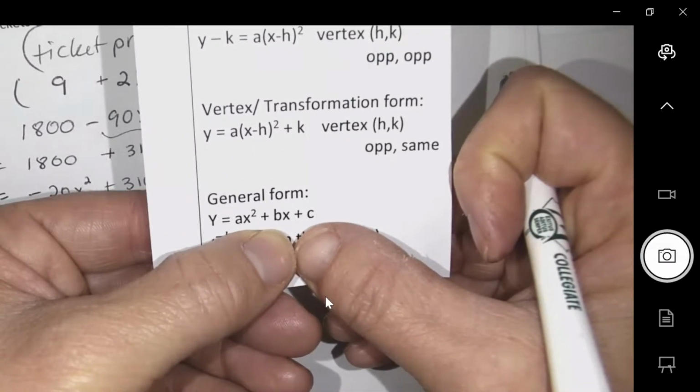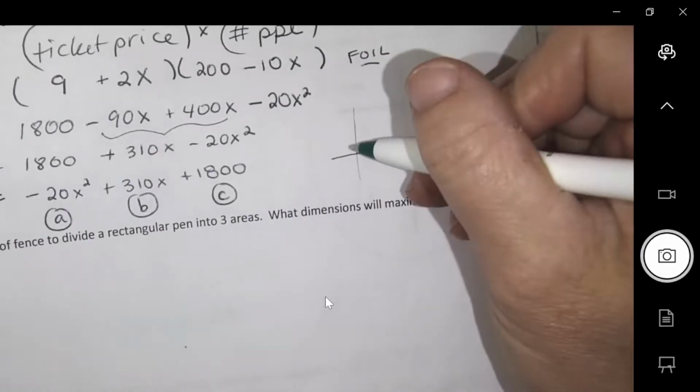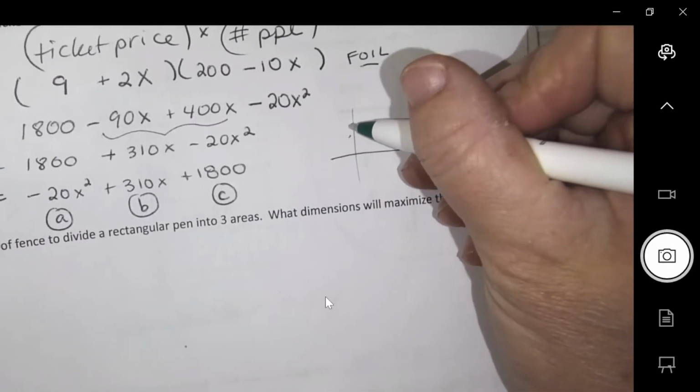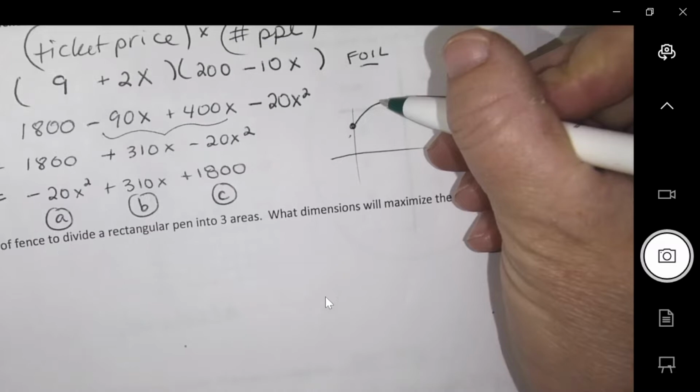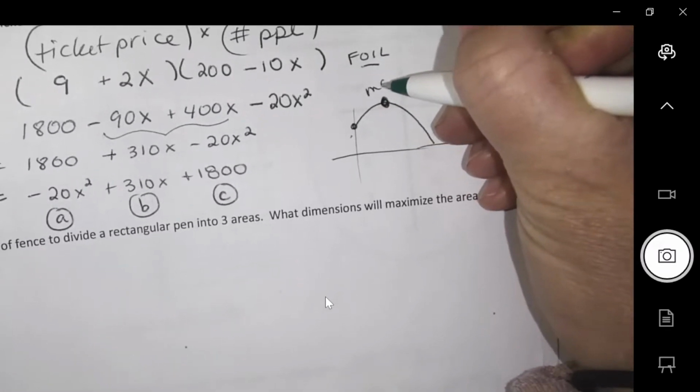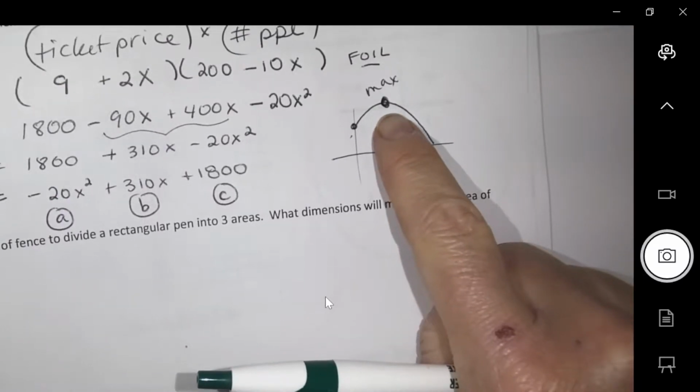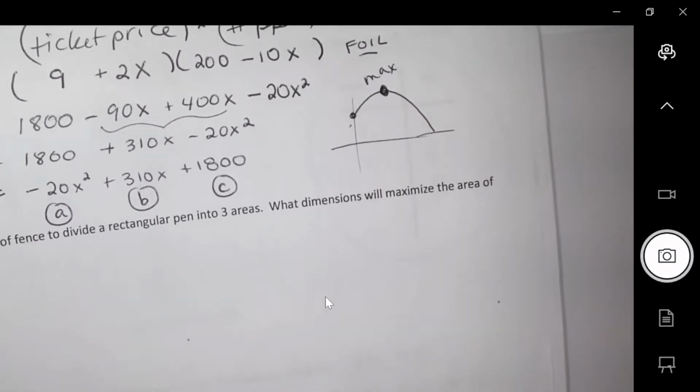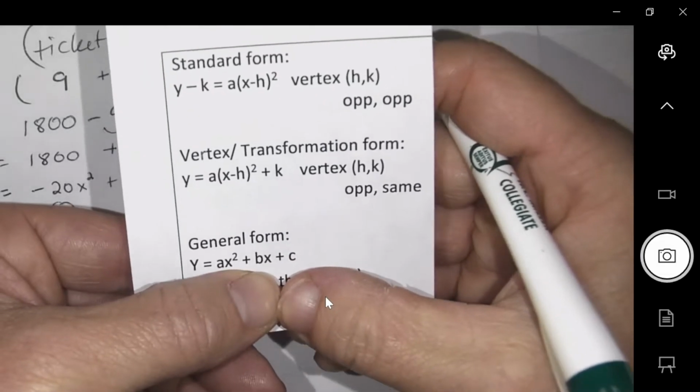How do we get the max? So this is revenue, so I'm making money, and then I'm eventually going to make more money, and then I'm going to start losing money. How do I get the max? What's that special point called? The vertex. How do you get the vertex in this form?